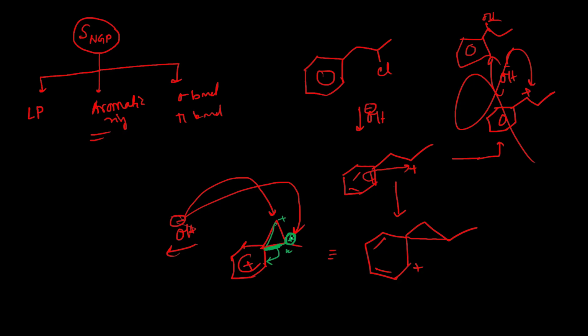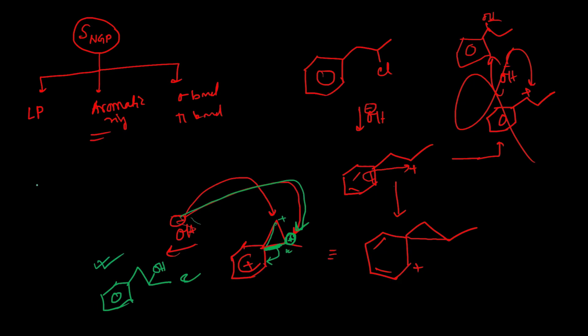This carbocation will be attacked by OH minus. So this path will be followed. This will again set up the aromaticity, and our OH will be here. So this will be our final product. This is basically SNGP with an aromatic ring.